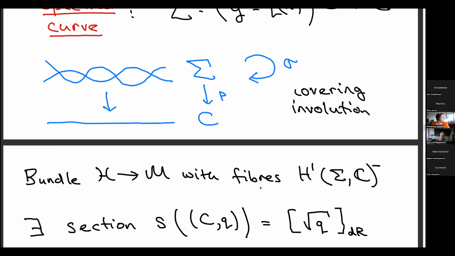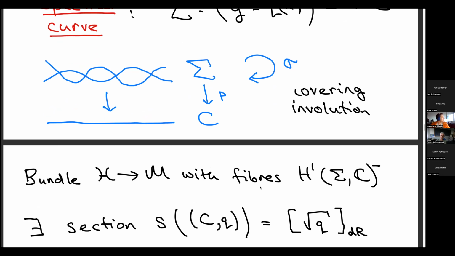It's just the period of the quadratic differential. Then the theorem, which I think is maybe due to Veech, a very classical result, is that this bundle has a Gauss-Manin connection on it, and if you differentiate this section using that connection, then you get a map from the tangent bundle, because you have to differentiate in some tangent direction, to the bundle H, and this thing is an isomorphism.